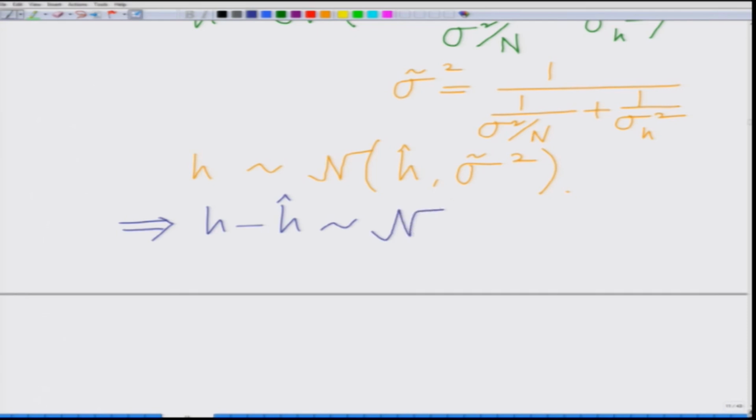So, this is distributed as a Gaussian with mean 0, variance sigma tilde square. This is your H minus H hat, which according to our definition is minus W.